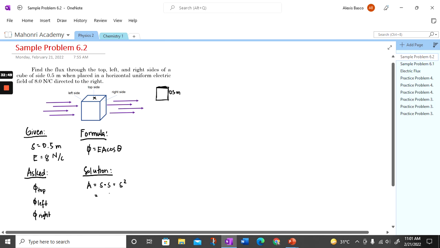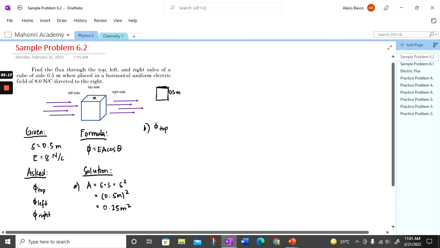So that's basically 0.5 meter squared. So the area of my square, or my left side, my top side, and my right side is equal to 0.25 meter squared.